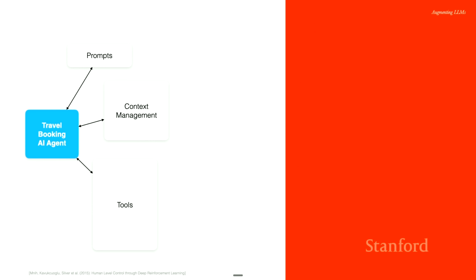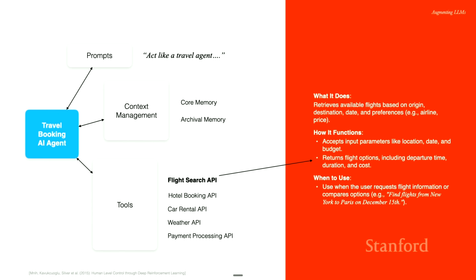But in theory, you can have a travel booking agent that has prompts. We've seen the prompts, and we know the methods to optimize them. That travel agent also has a context management system, which is essentially the memory of what it knows about the user. That context management system might include a core memory or working memory and an archival memory.